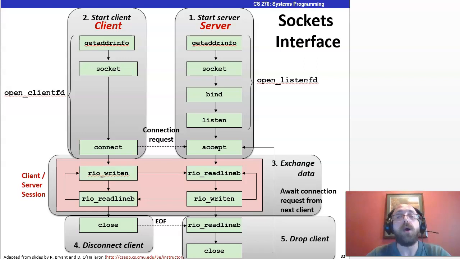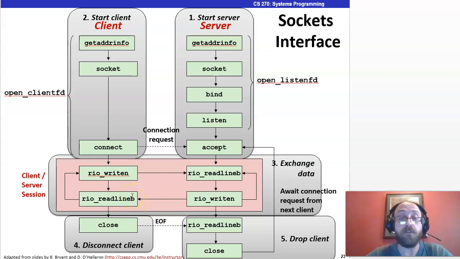All right, so here's the general sequence of what happens when we're making a connection. And this is happening on two sides, the client side and the server side. And they are doing different things to set up the connection. Once we're connected, they're going to do more or less the same thing, write and read. The functions referred to here, rio_writen and rio_readlineb, are not standard functions.